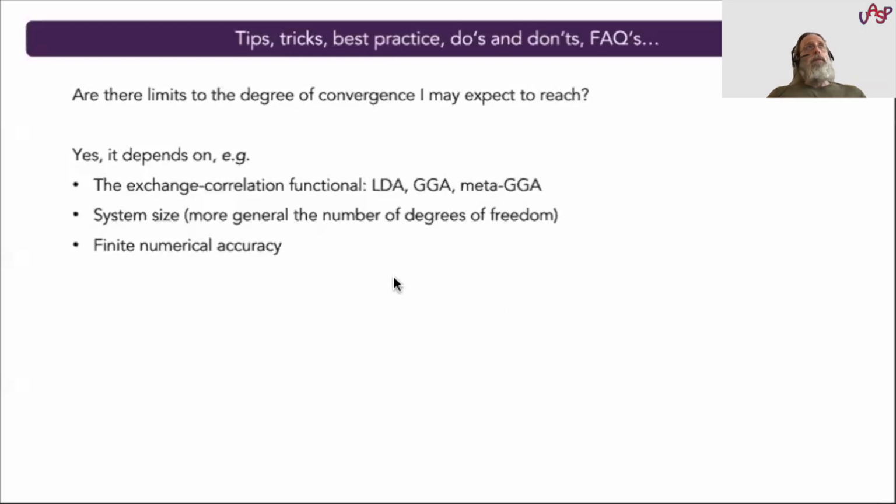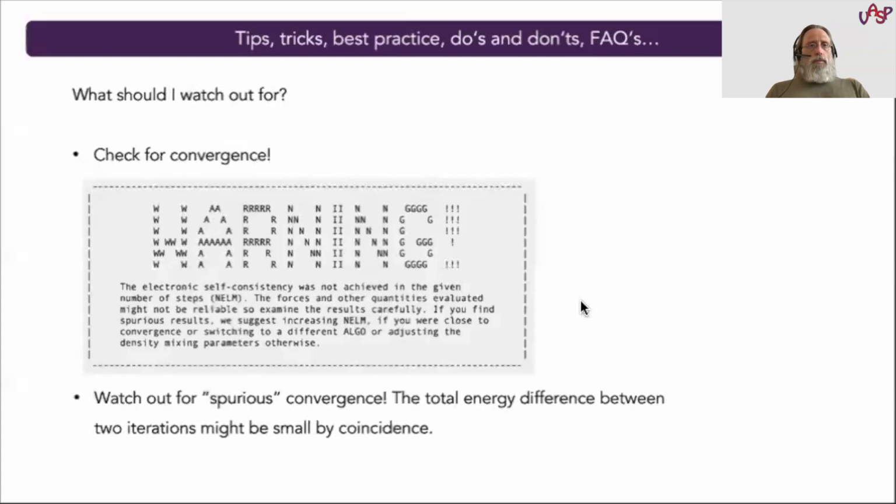You should always think about the level of convergence that you need to reach, and not try to go to absolute convergence. So one other thing, what should I watch out for? The most general and maybe the most important answer is: check for convergence. The code will tell you when it has not converged within the maximum number of steps, and you should heed this.